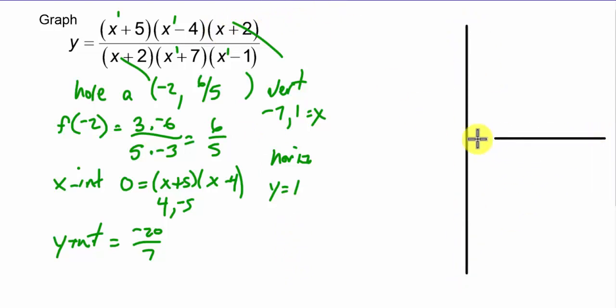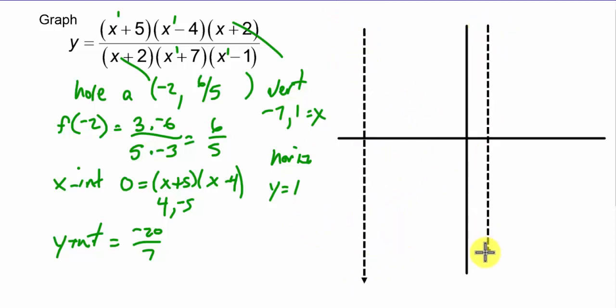The same process, create our graph, start drawing in some asymptotes. We've got this vertical at -7. Let's put it way over here. And at 1, got our horizontal at 1 as well. And now we'll start drawing in points that we have.